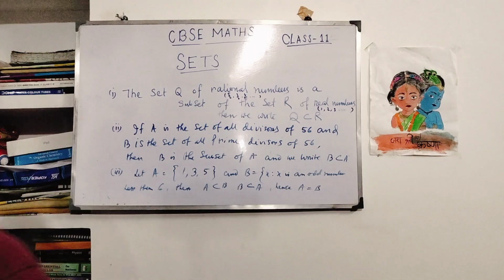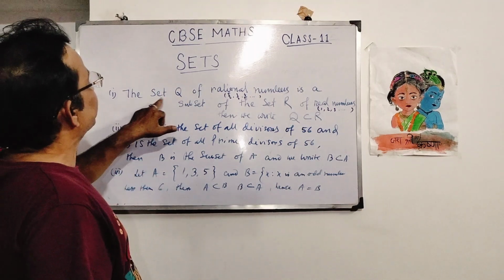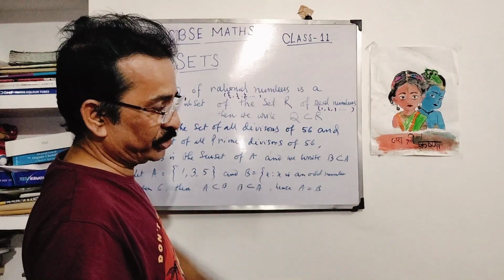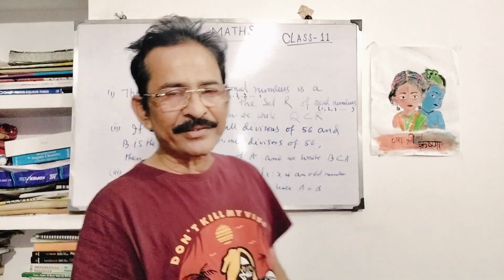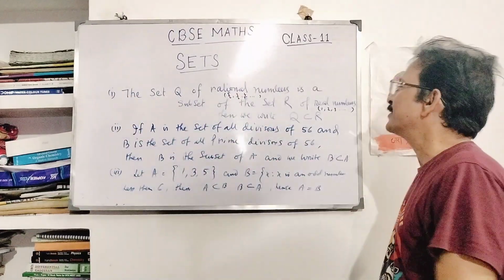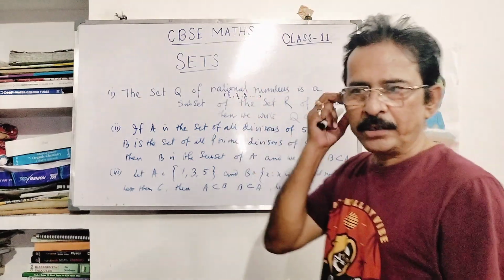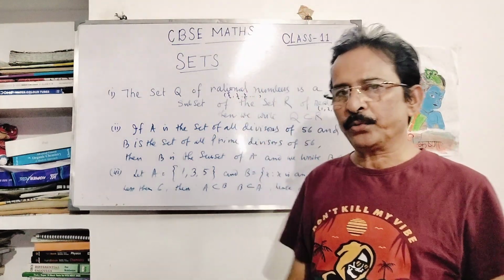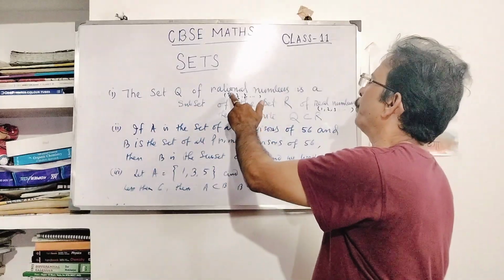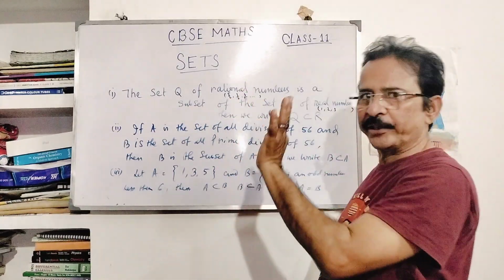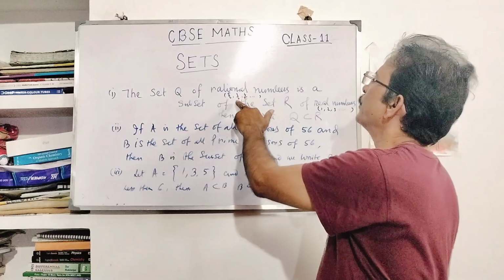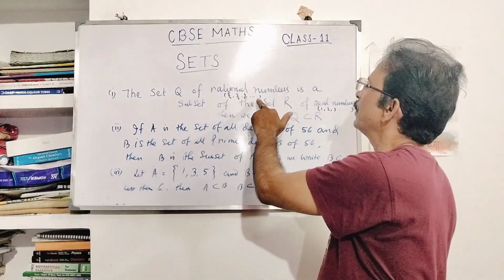So students, come to this point: the set of all rational numbers. Rational means those in the form of p by q. So 5 by 2 is in p by q format, 3 by 2, 4 by 1 also.